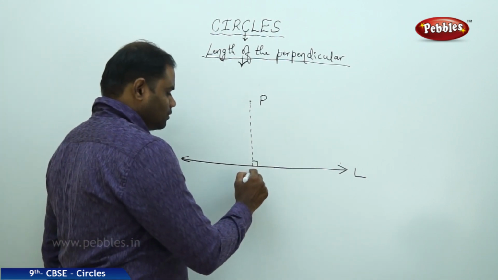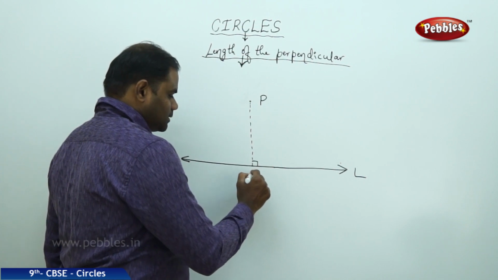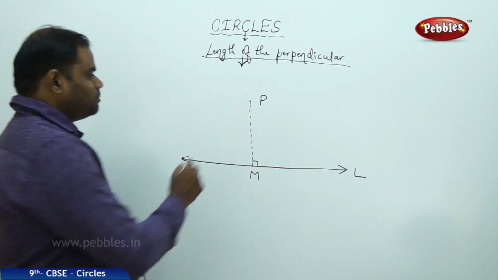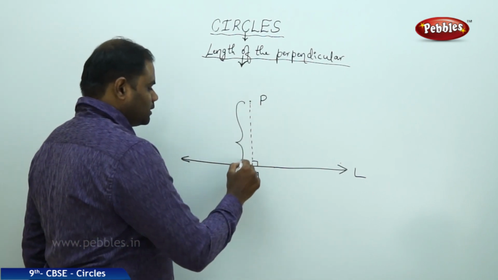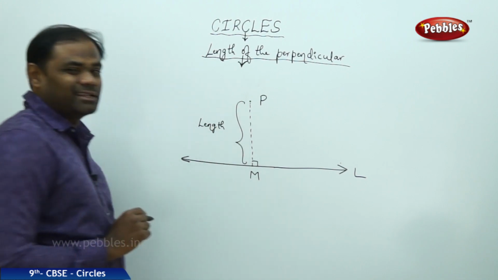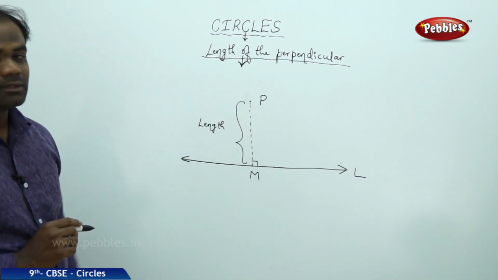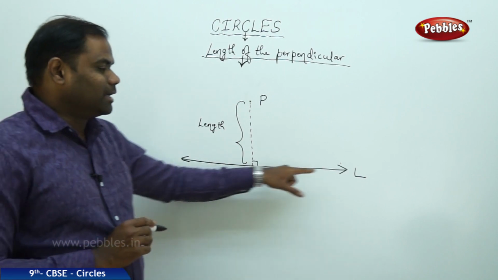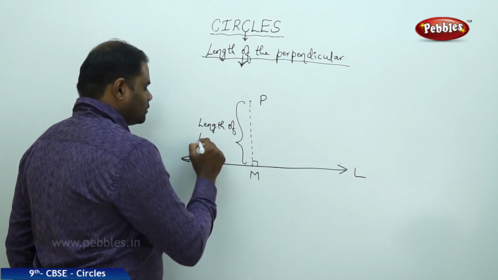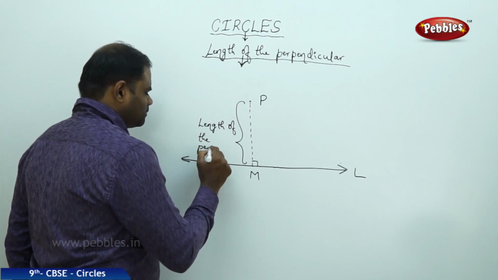Say it drops at M. So here the length PM is called length of the perpendicular.